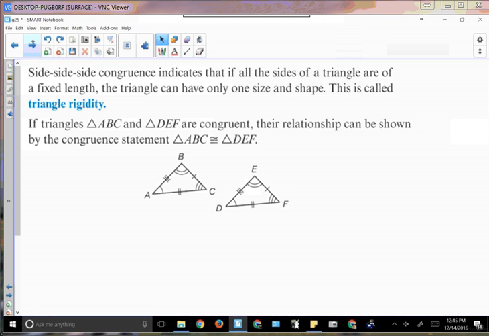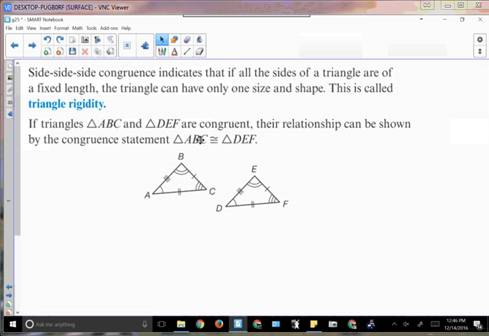And the corresponding ones, if we take a look at this, angle A corresponds to D. So angle A, angle D. B goes to E, so I got 2 up here, 2 there. C, here, F, there. AB, A to B, is the same as D to F. Those sides are congruent.